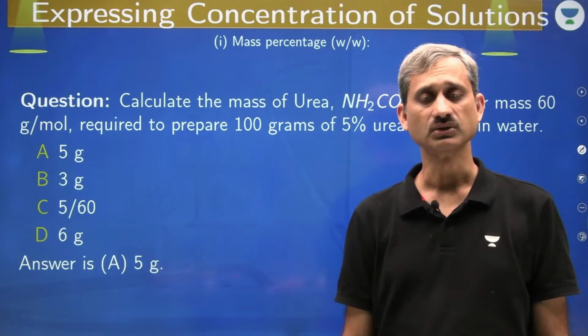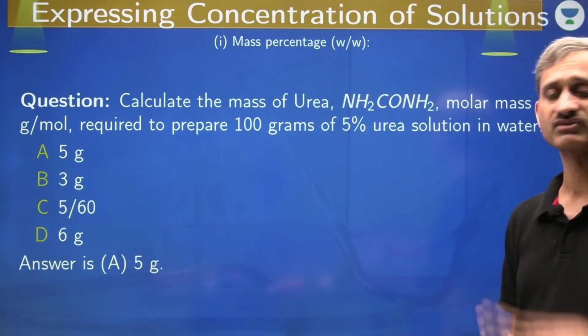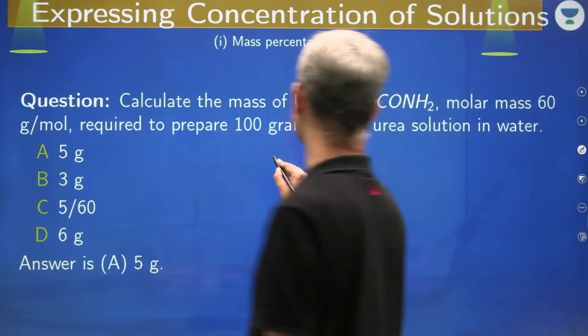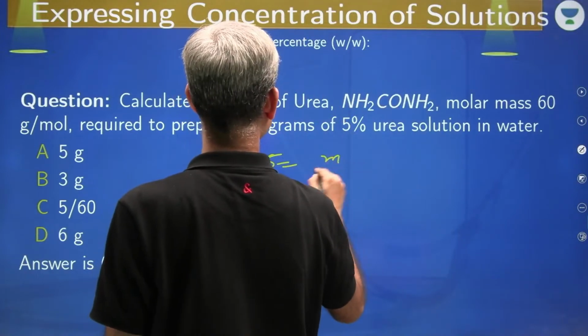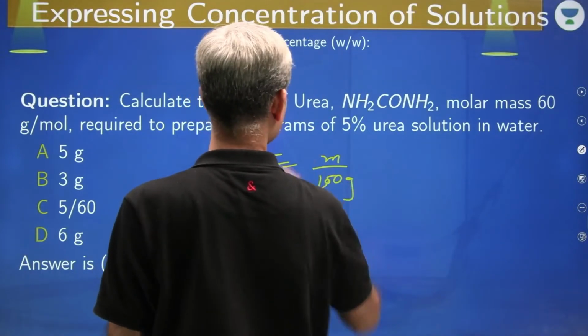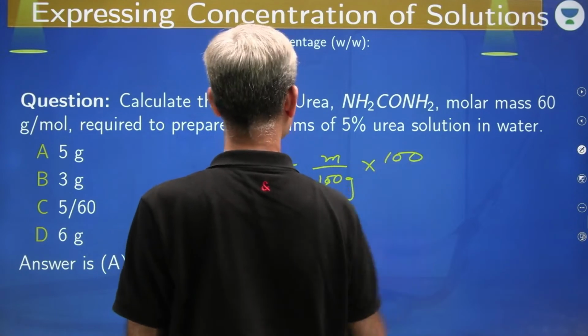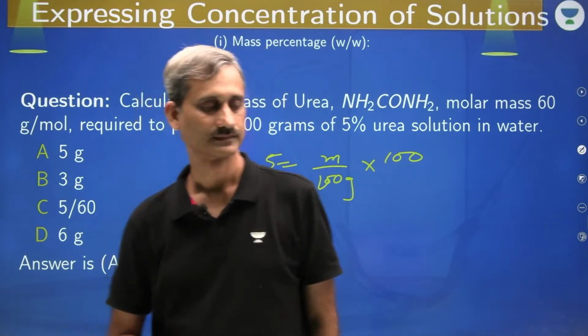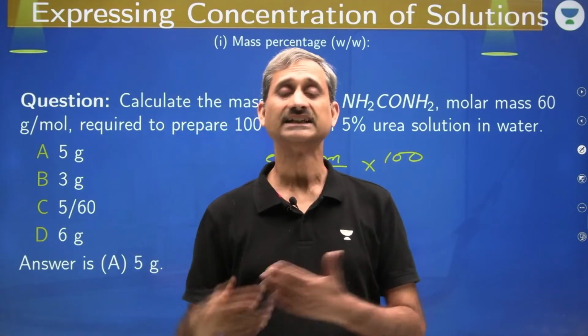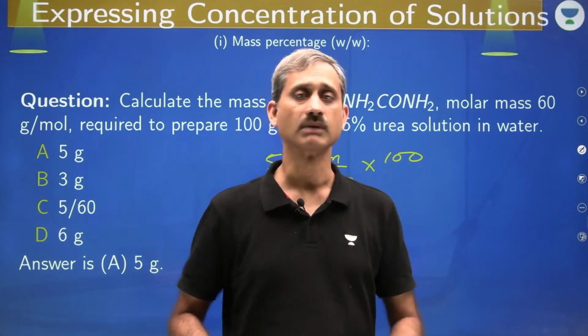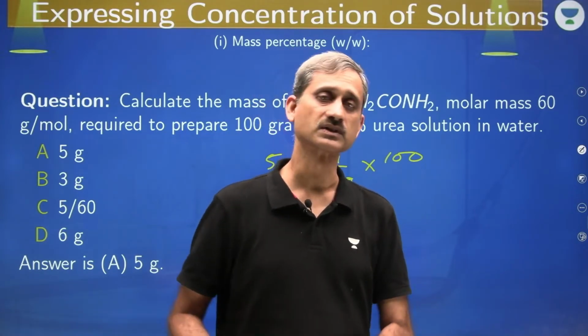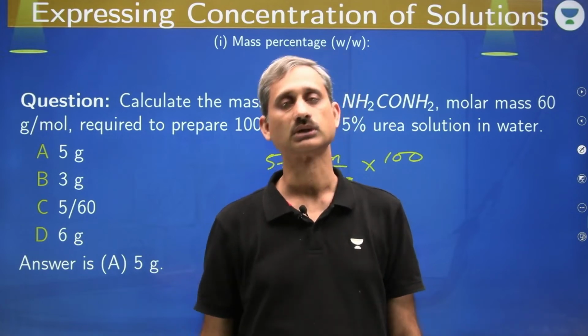Because the mass of the urea would turn out to be only 5 grams. It is 5 equals m by 100 grams into 100. Here you did not require the molar mass of urea. To give the mass percent, we do not need the molar mass.